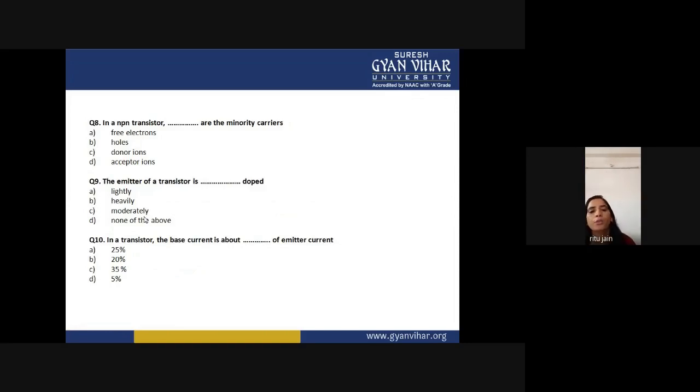It has three configurations: common collector, common base, and common emitter. We have already drawn the characteristics for these three configurations, input characteristics and output characteristics. The input characteristic is always drawn between input current and input voltage, keeping the output voltage constant. The output characteristic is always drawn between output current and output voltage, keeping the input current constant.